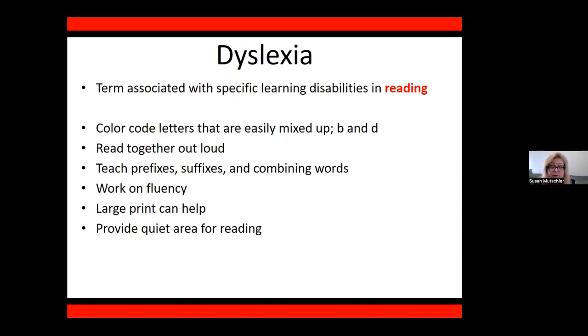You can teach prefixes, suffixes, and combining words. Work on the fluency with those sight words. And there is a lot of research that says the larger print can help with people that are struggling with reading or for the new reader. And then people with dyslexia may find comfort in having more quiet time.